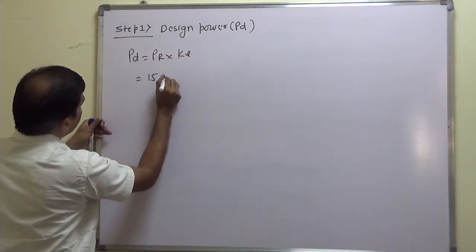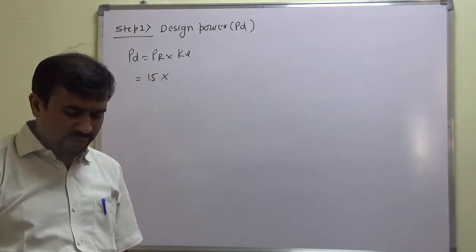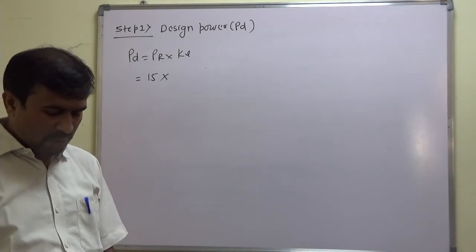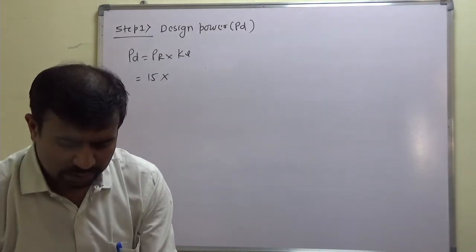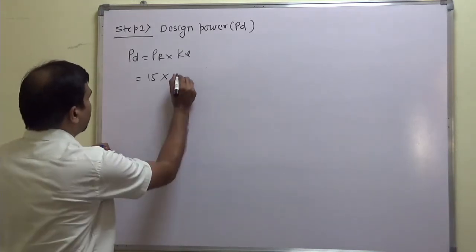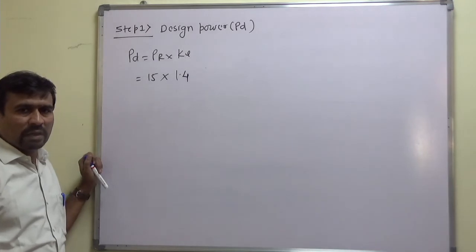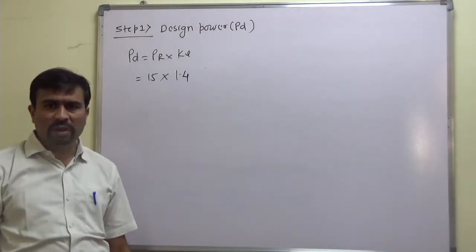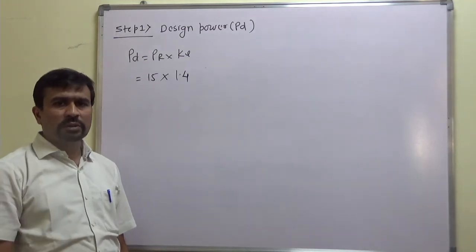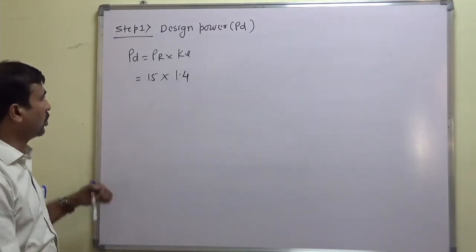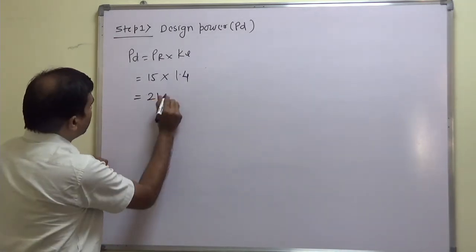PR is 15 kilowatt and load factor you can select for continuous duty from table number 14.2. So that is approximately 1.4. Continuous duty and moderate shock I am selecting. Nothing is mentioned about the type of shock which is acting in the chain drive, so approximately mid value we can take. So this comes out to be something like 21 kilowatt.